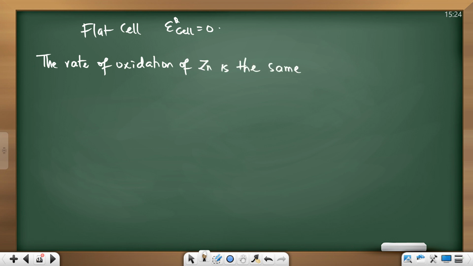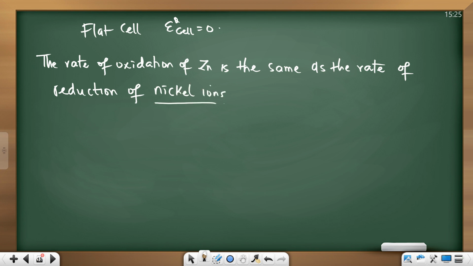Guys, remember, I'm using the rate, chemical equilibrium. Now, nickel is not reduced, nickel ions are the ones that are reduced. Please take note. All right, I'm done with that question.